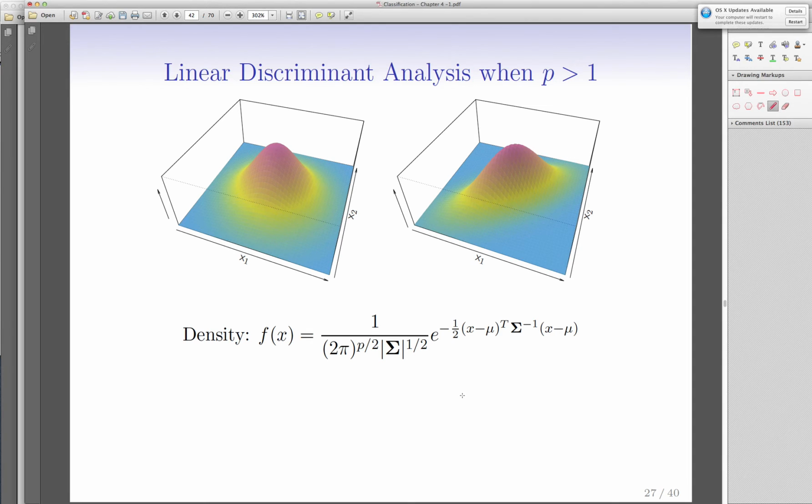We can extend linear discriminant analysis to higher dimensions. In order to do that, we have to use multivariate normal distributions, and what we need is a variance-covariance matrix. So let's say we have 2 variables, x1 and x2.